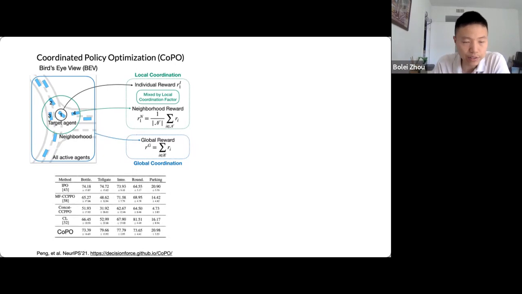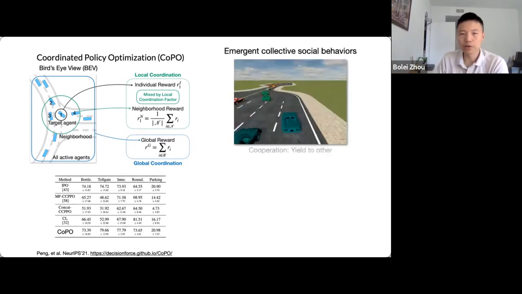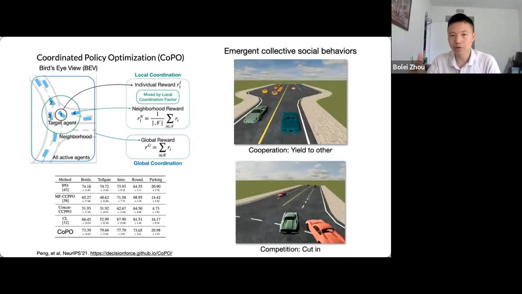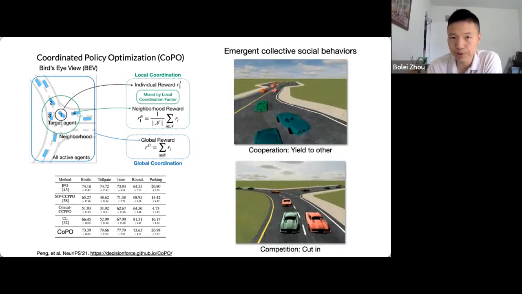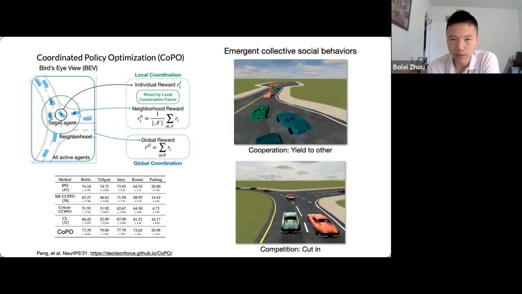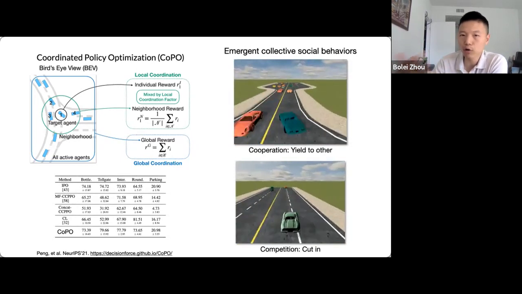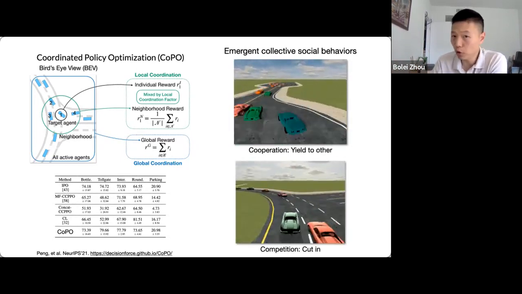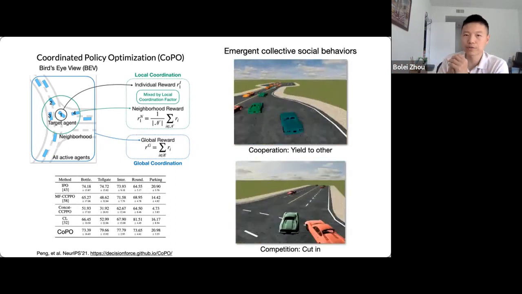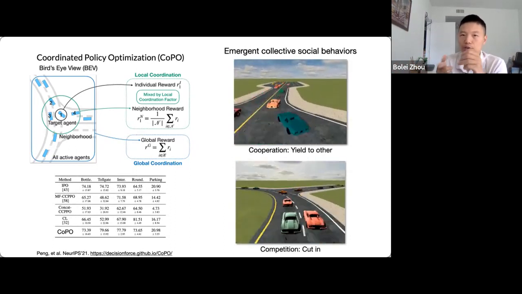Then we evaluate our method and compare with some other multi-agent RL methods. More interesting, there are some emergent behaviors from this training. Here I show you two videos. We observed some emergent cooperation behaviors. Some agents actually learn to yield to other vehicles, because if a vehicle runs into other vehicles, both vehicles will suffer from some collision cost.